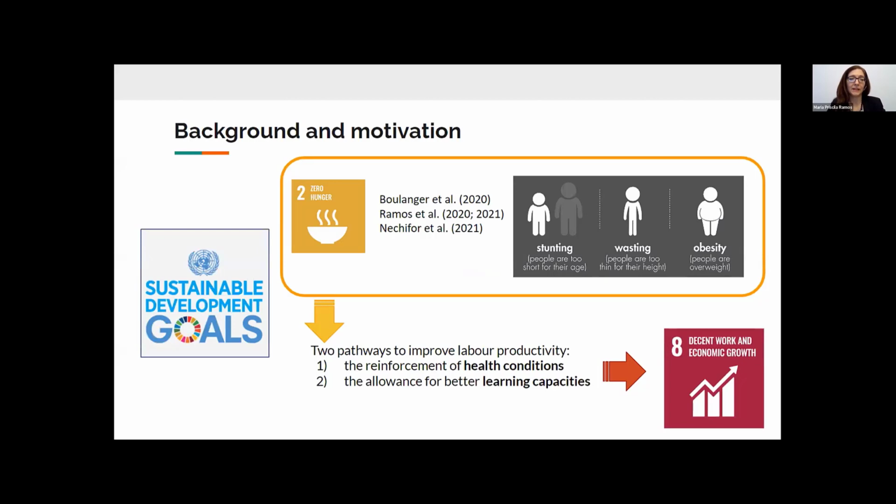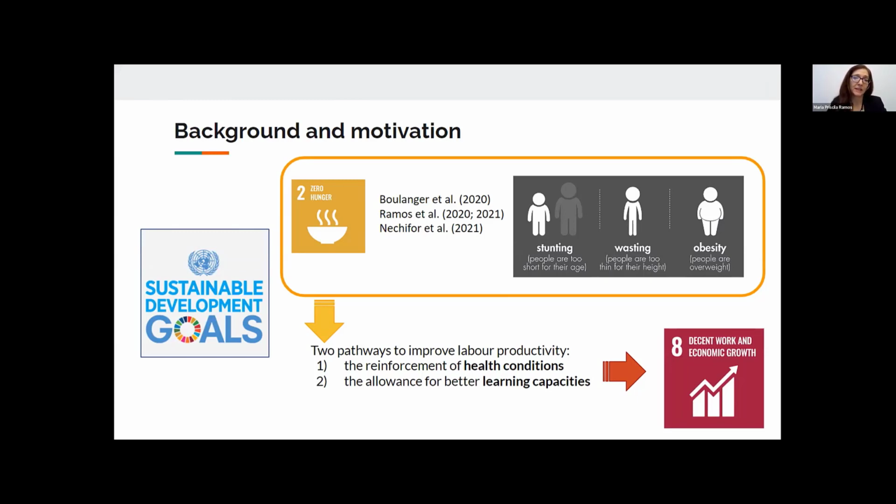So let me start with the background and motivation of this project. You know that Kenya is particularly concerned about the achievement of SDG 2, about no hunger, and the associated consequences for society. This is a key objective of the government of Kenya, which is explicitly set out in the Kenya Vision 2030 report.